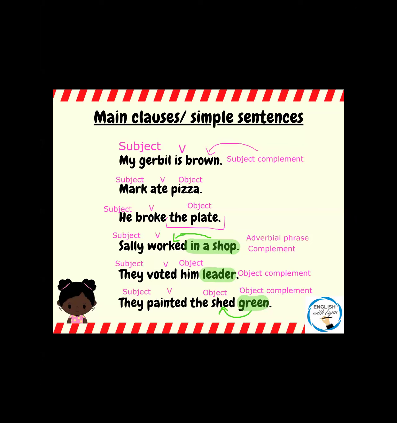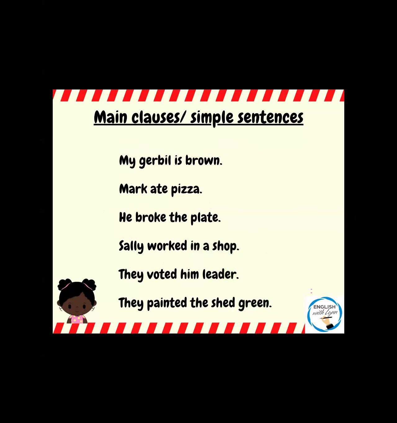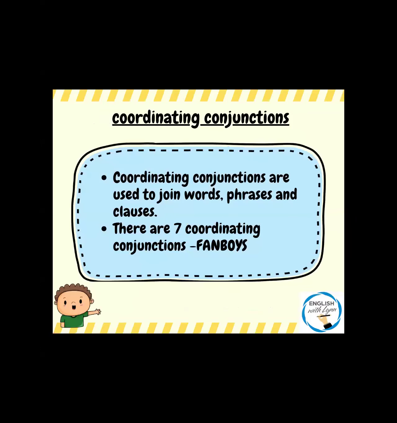Now, the next bit that I want us to look at is the actual use of coordinating conjunctions. And in English, there are only 7 coordinating conjunctions. They are the ones that you use as your FANBOYS conjunctions.